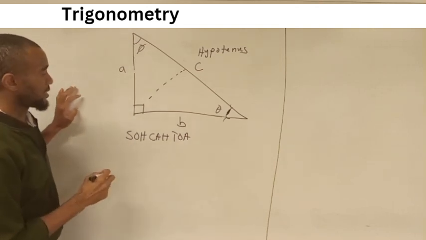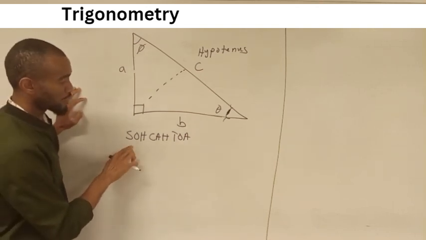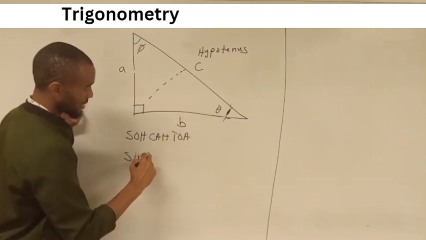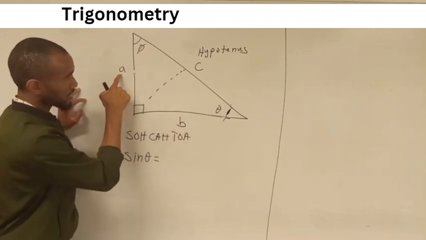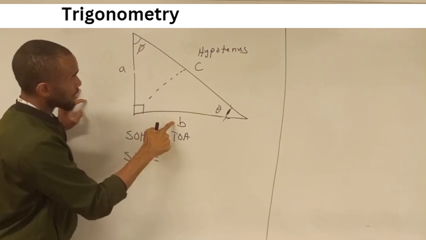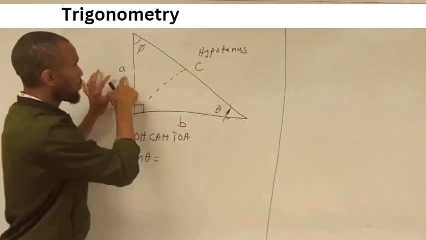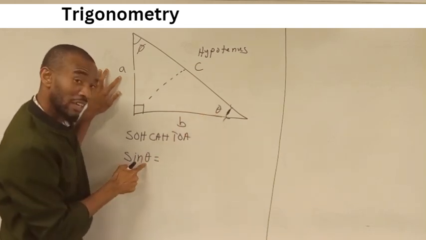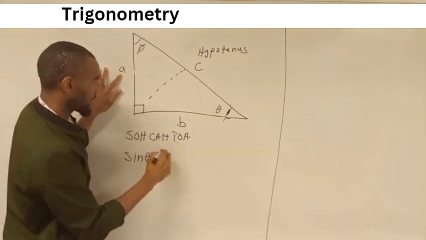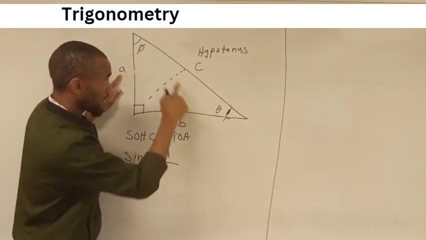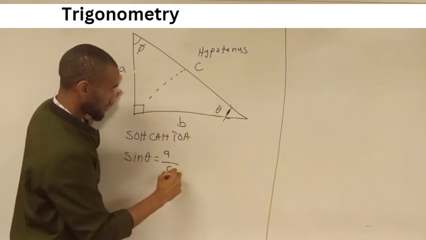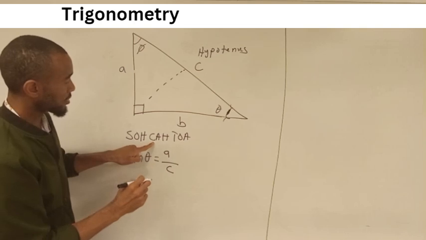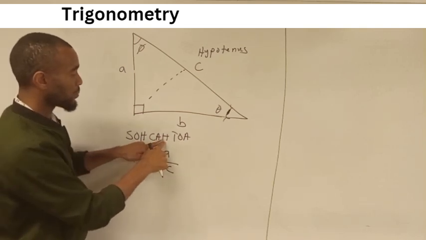And in this case, how to apply it is saying that sine theta must be opposite over hypotenuse. In this case, if I'm considering theta, this must be the opposite, which is A, all over the hypotenuse, which is C. And then cos is saying adjacent over hypotenuse.